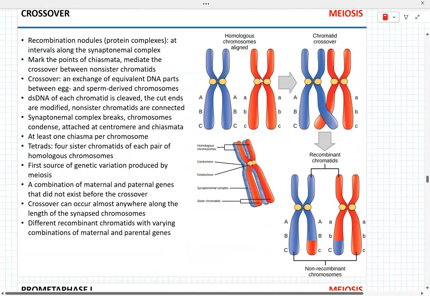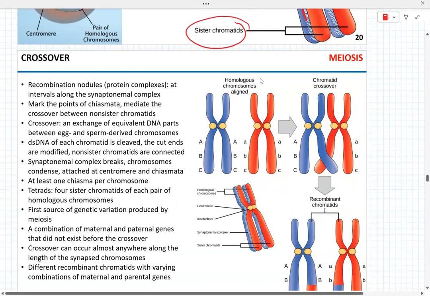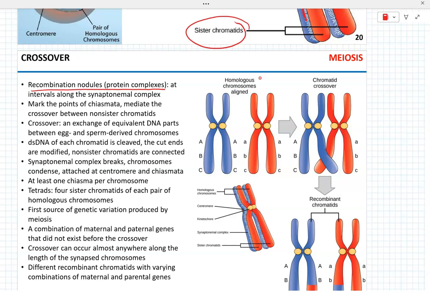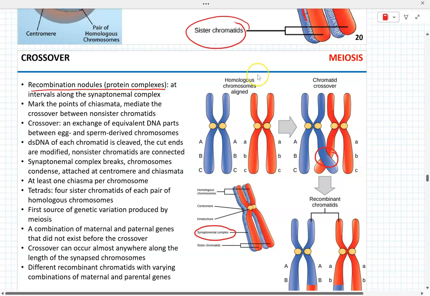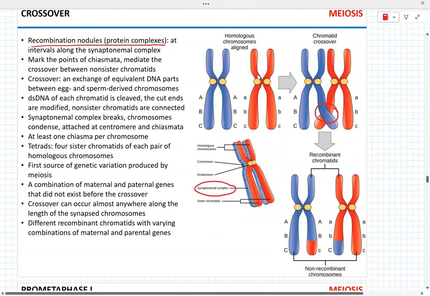So now let's take a look at the very interesting phenomenon called crossover. During crossover, special recombination nodules, protein complexes, are formed along the synaptonemal complex. They mark the points of chiasmata to mediate the crossover between homologous non-sister chromatids.